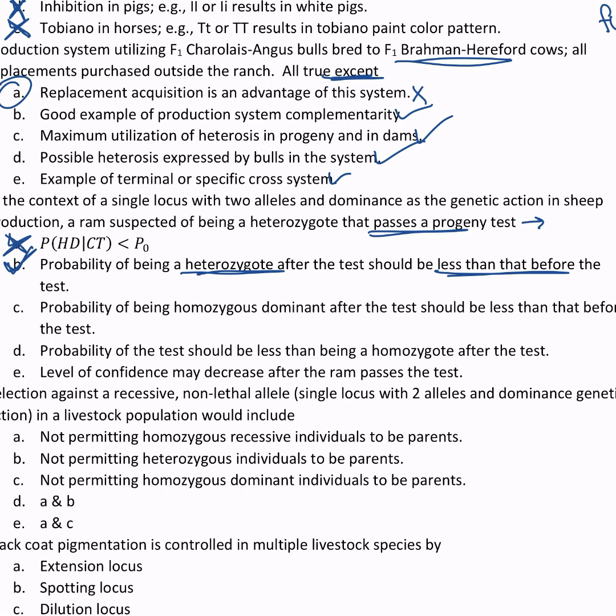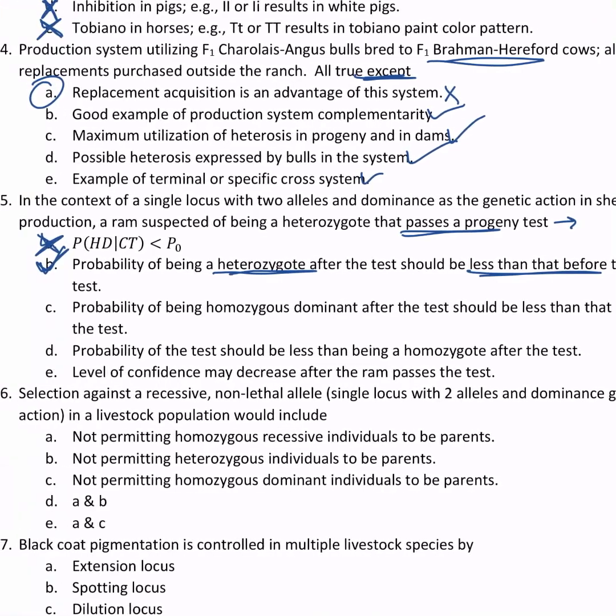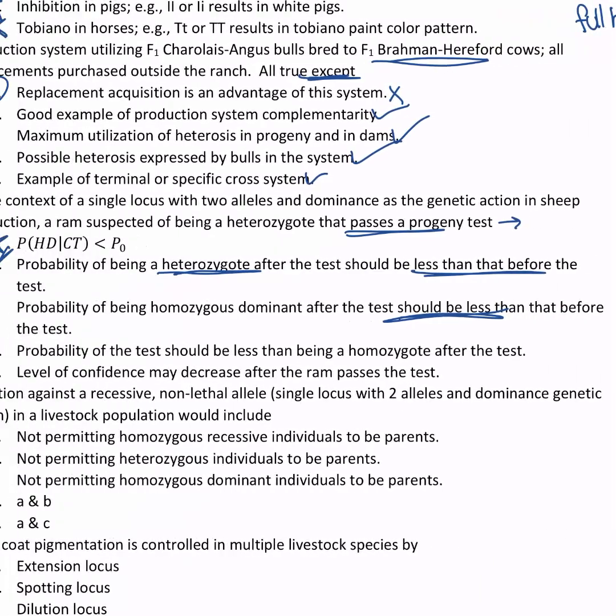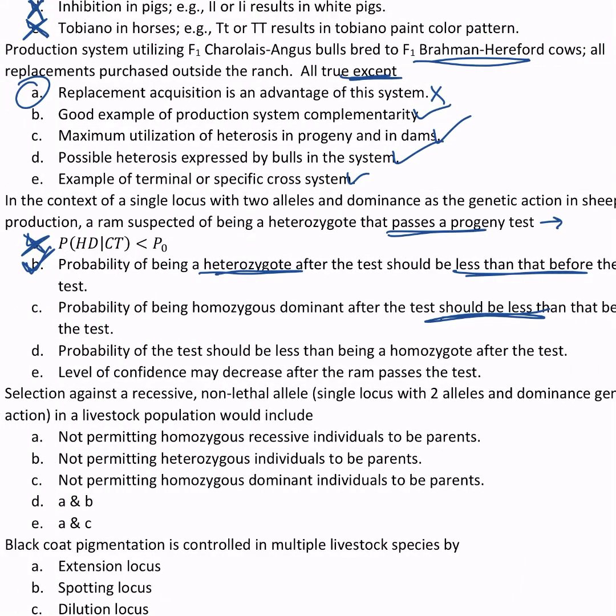Letter choice C, probability of being homozygous dominant after the test should be less than that before the test. This is the same exact thing being said in letter choice A, but written out in words. So C is not the correct answer because if they pass a progeny test, his probability of being homozygous dominant increases.